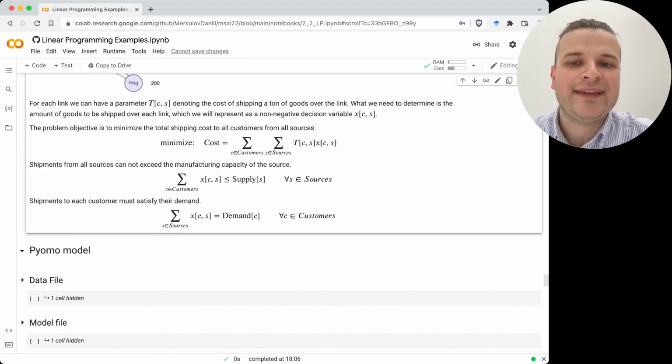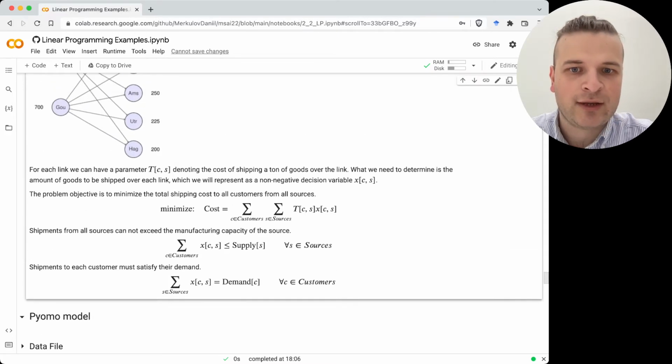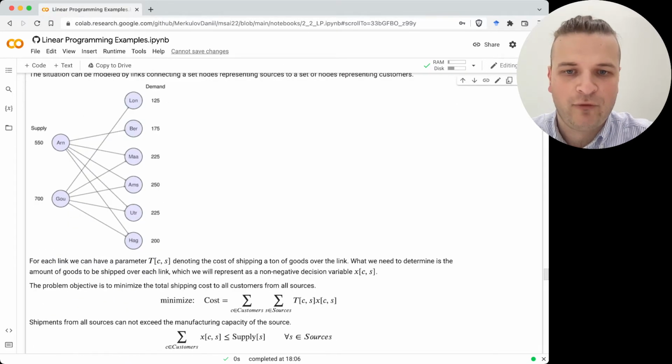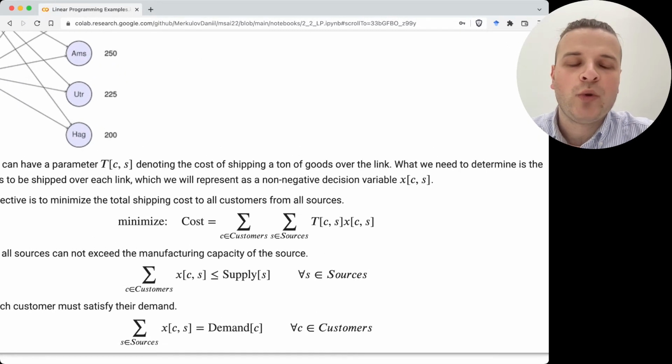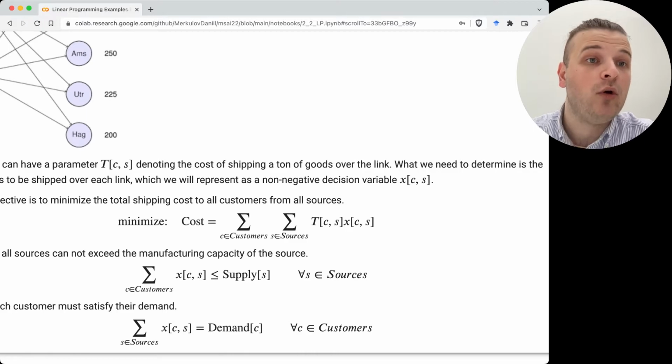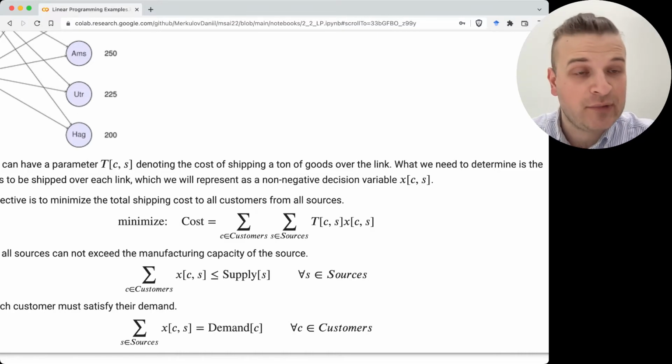So we'll formulate a cost function here. We sum over all customers and all sources the amount of transportation between the customer and the source.